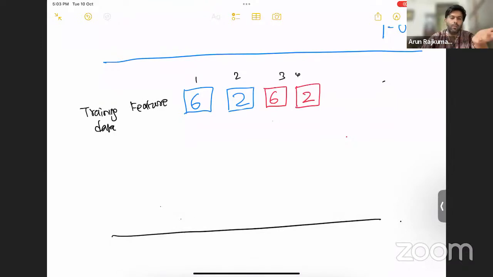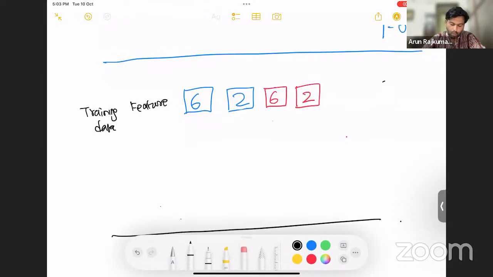Now I am asking you to group these images in whichever way the algorithm feels makes sense. How do you think the algorithm can group these images? Again, let's say this is image 1, 2, 3, and 4. If I want the algorithm to separate this into 2 groups, which one will fall in which group?